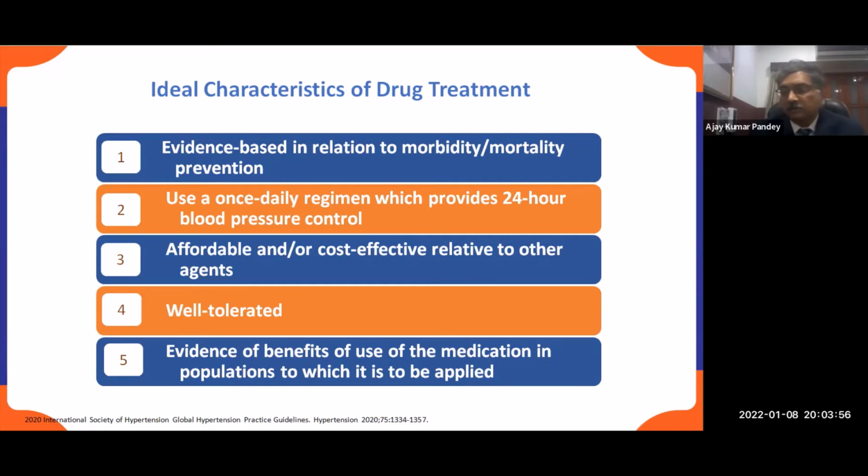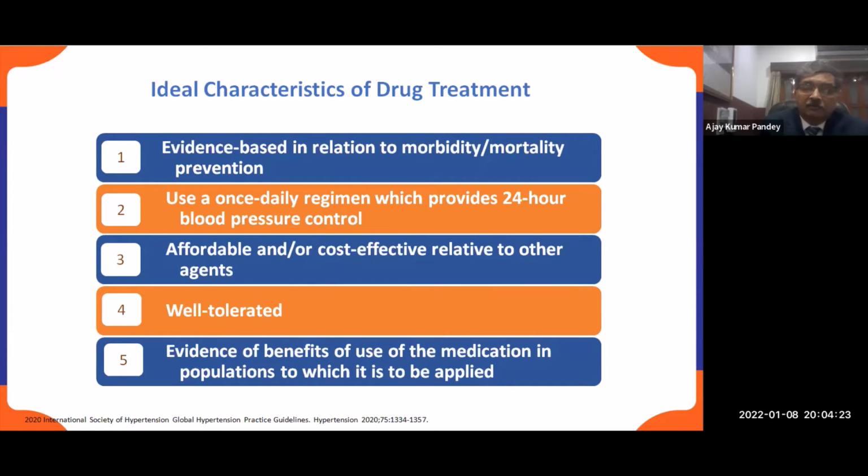Like suppose I prescribe amlodipine to a patient and he develops amlodipine induced pedal edema, somebody will tell him that this medicine is causing you fatal edema. He will stop the medicine and run away. If the patient is having such a problem, try to give a better class of antihypertensive drug, or a second or third generation calcium channel blocker like cilnidipine and benidipine.